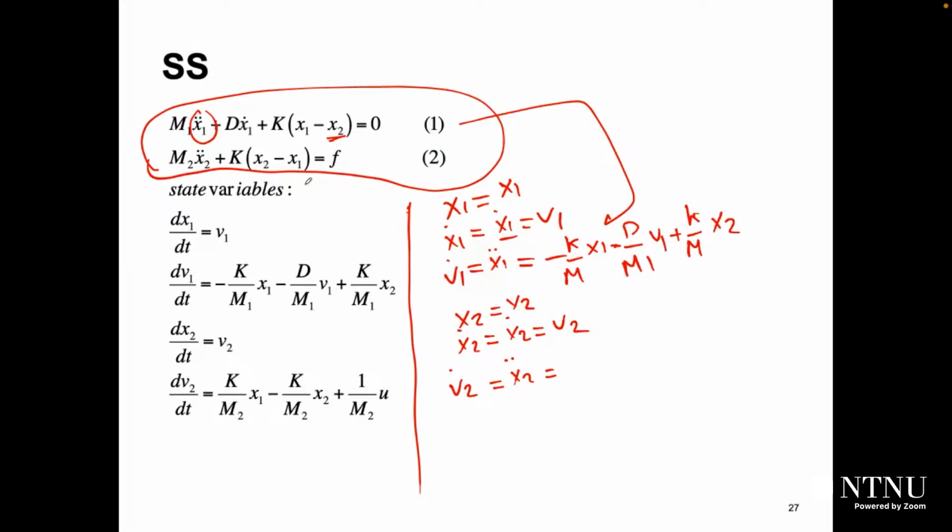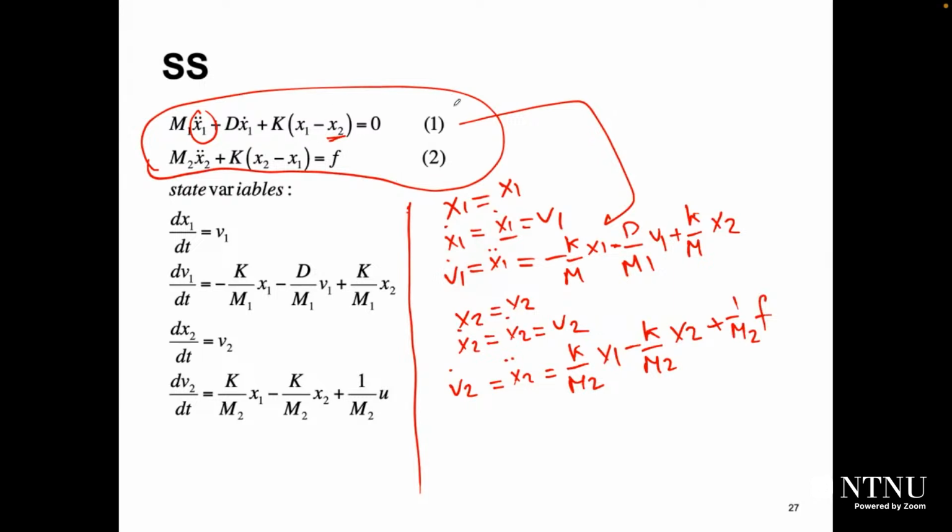It will be plus k divided by m2 multiplied by x1, which is my first state, minus k divided by m2 multiplied by x2, plus 1 divided by m2 multiplied by the input. We use those equations to write the state equations.